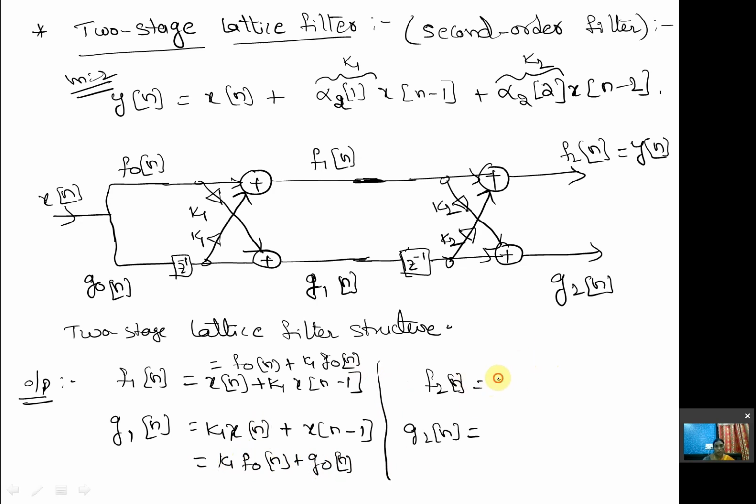From f1, that means f1 of n plus k2 g1 of n. And g2 of n is k2 f1 of n plus g1 of n minus 1. Am I correct? Here also, what is that? g0 of n minus 1.